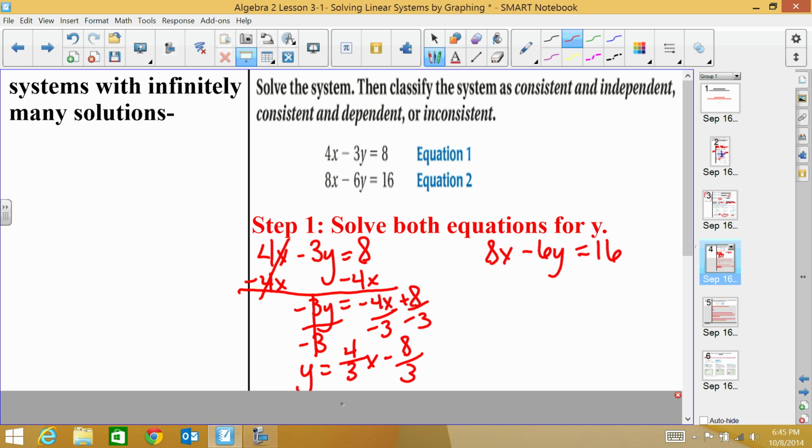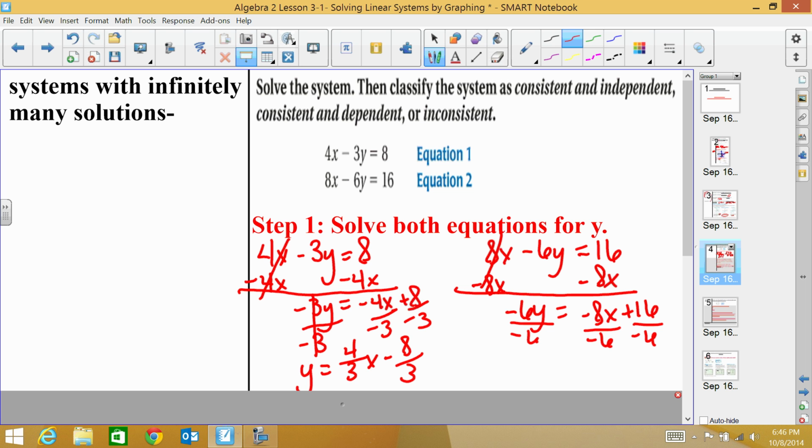So I'm trying to get y by itself, so I need to cancel out the 8x, and I'm going to do that by subtracting. And I get negative 6y equals negative 8x plus 16. Then I'm trying to get y by itself still, so I would divide by negative 6.